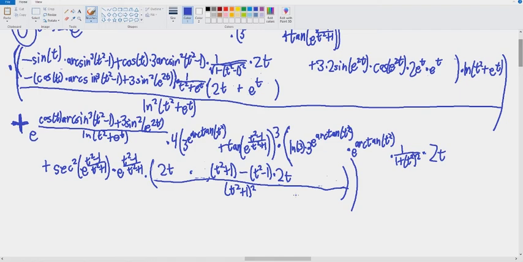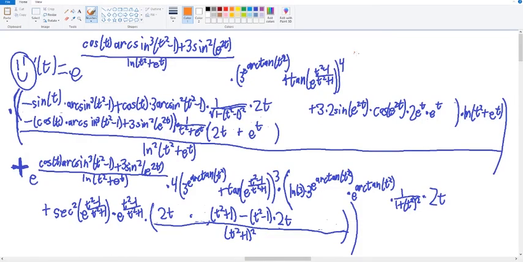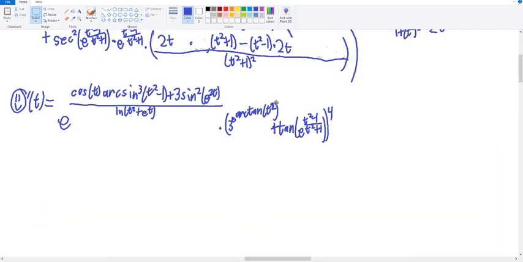So we can clean up the answer a little bit. First of all, e to the t times e to the t is e to the 2t. Also, there's a trig trick involving the sine and cosine, where 2 times sine of e to the 2t times cosine of e to the 2t can be simplified to sine of 2 times e to the 2t. Cool, right? Small confession, I suck at these trig tricks.